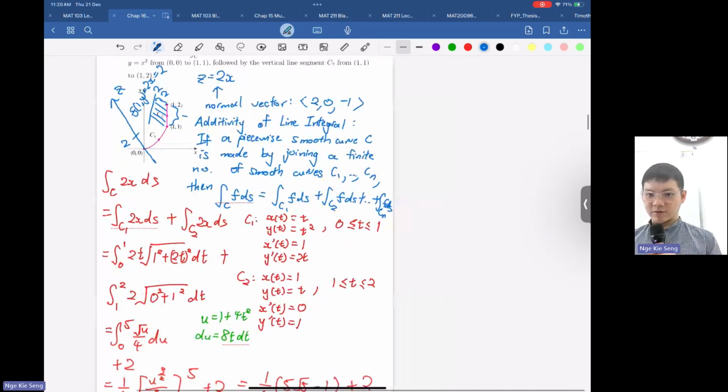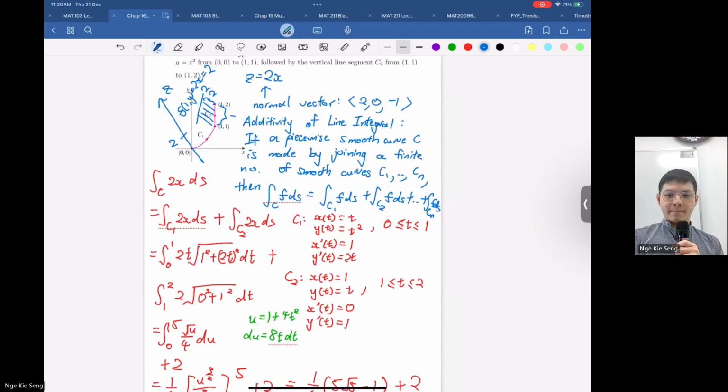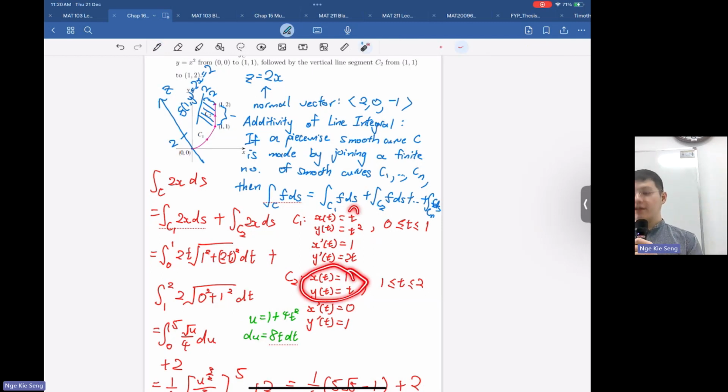It's 2. Another thing you may want to try is a different parameterization. You should get the same answer, because you will change your domain also if you change to a different parameterization.